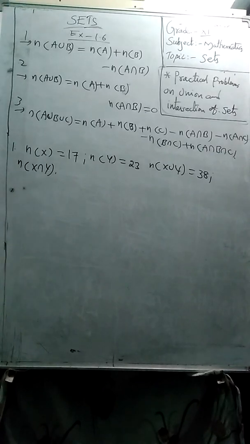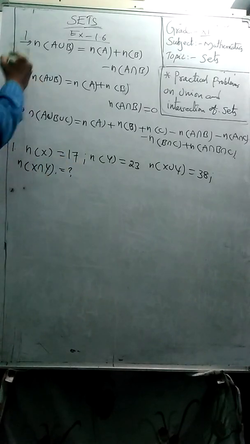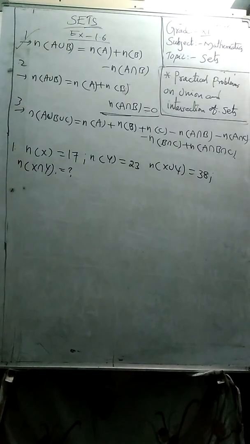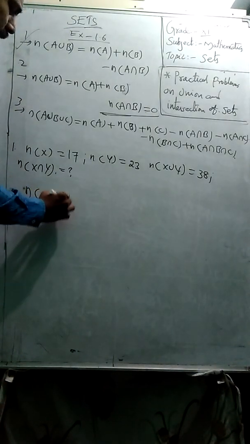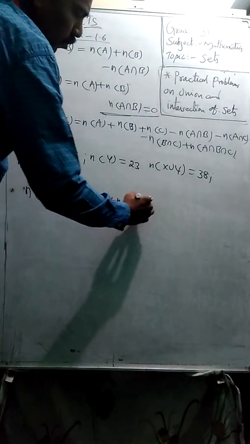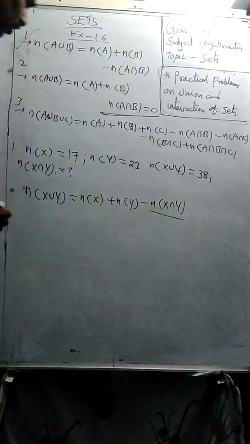Here the number of elements in set x, in set y, and in x union y are given. We will use this formula, n of x union y is defined as n of x plus n of y minus n of x intersection y. This value we need to find.